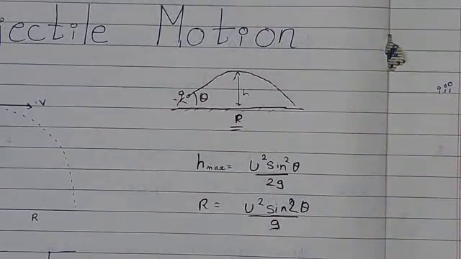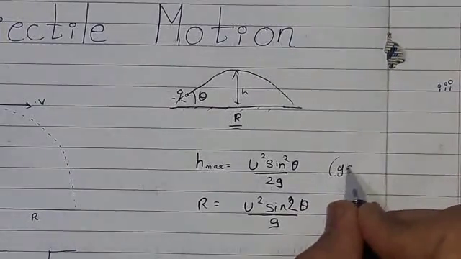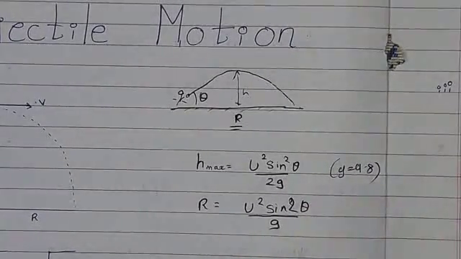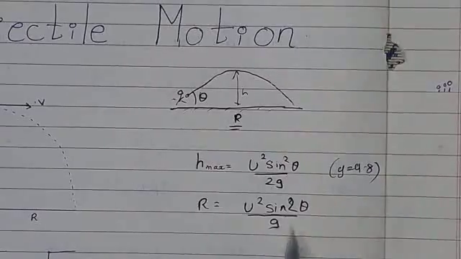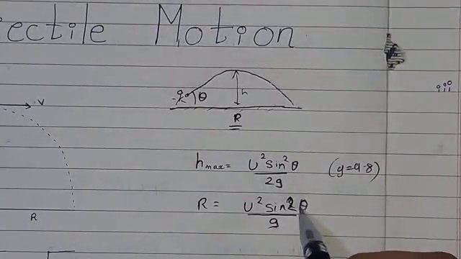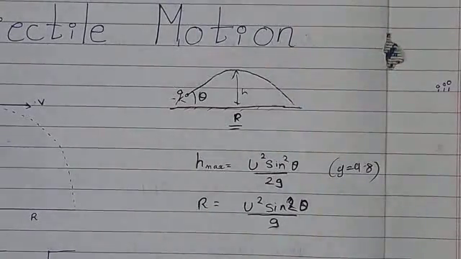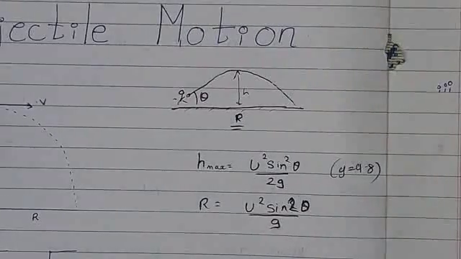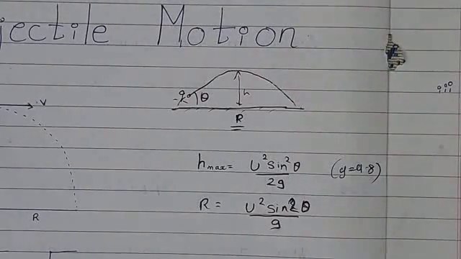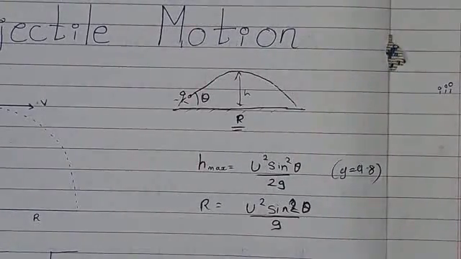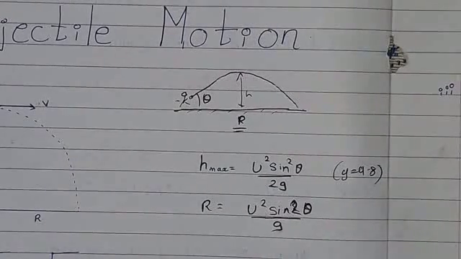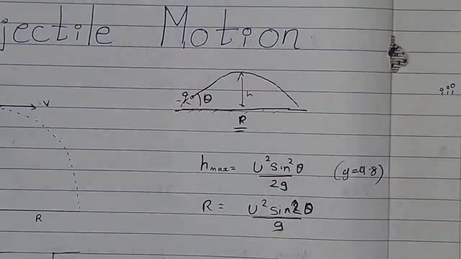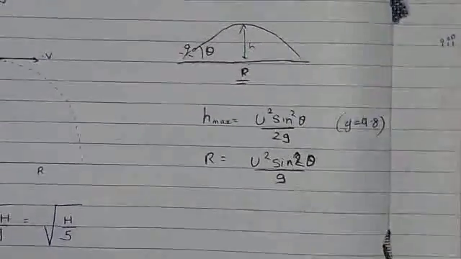G is the acceleration due to gravity, where g equals 9.8. You can say sine 2 theta, sine of 2 times the angle of projection. I'm not gonna derive all this, because you have to remember this formula, because when you're writing the exam, nobody's gonna whisper, hey mister, the formula of projectile range is u square sine 2 theta upon g. Nobody's going to do that, because you have to remember this.